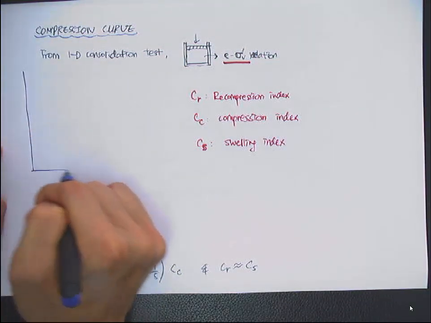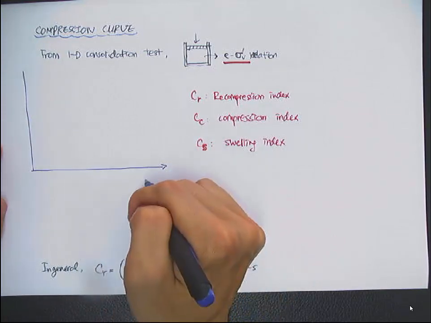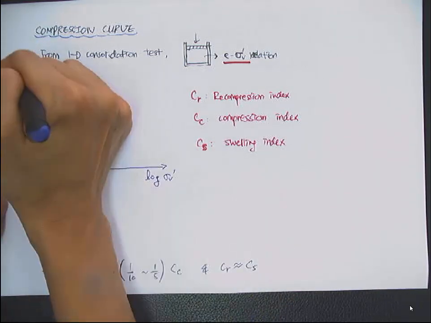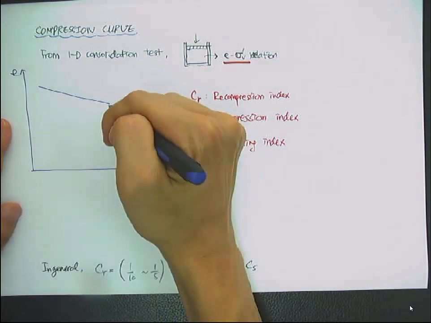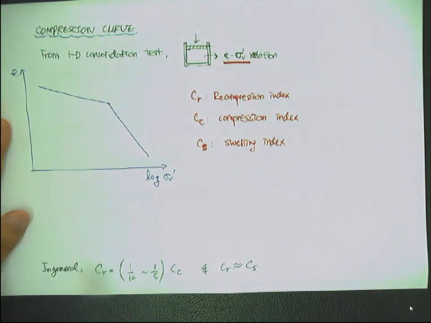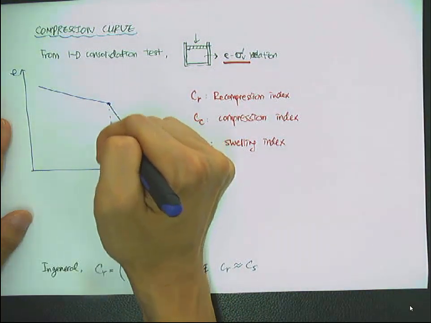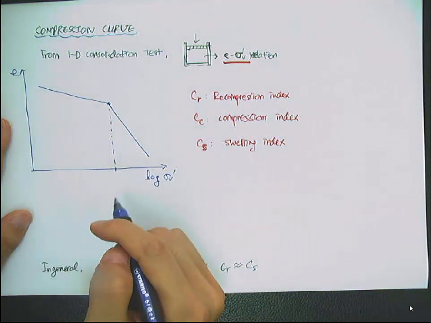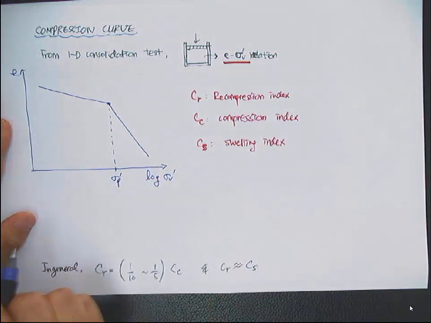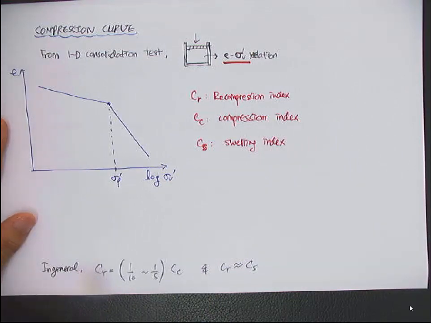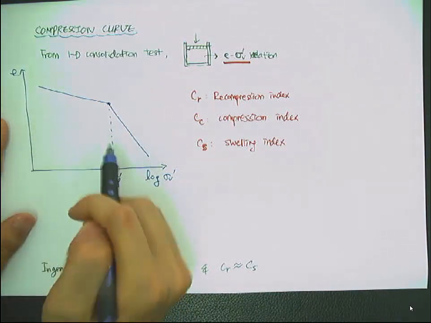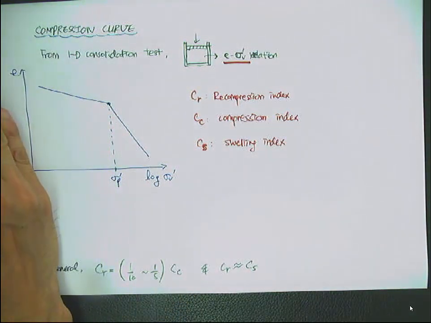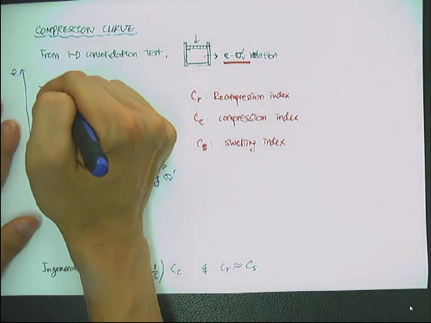We'll have a bilinear curve, which will look like this in the ideal case. And here the threshold deflection point is sigma p prime, the pre-consolidation stress. When we apply stress below sigma p prime, this is called a recompression curve.